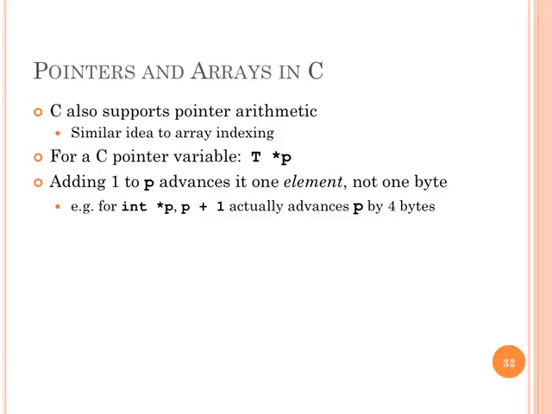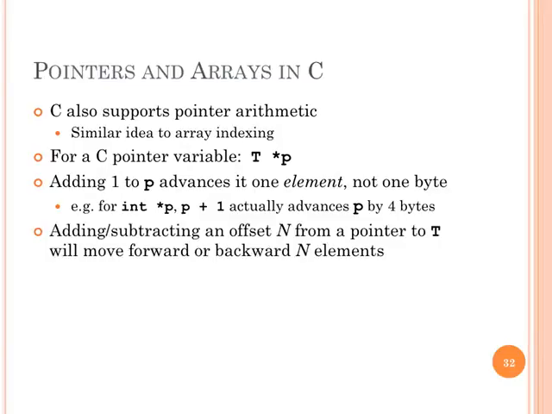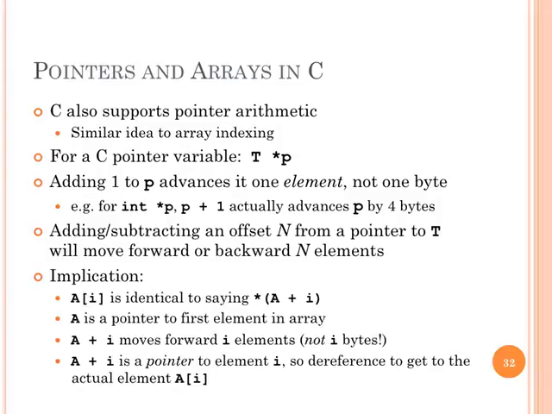Like I say here, P plus 1 advances P 4 bytes if P is a pointer to an int, because ints on IA32 and GCC are 4 bytes. The same is true for subtracting. If I subtracted 1 from P, it would move back 4 bytes, even though I'm only subtracting 1. So you can think of that as being a number of elements offset. An offset n from a pointer T will move forward or backward n elements.